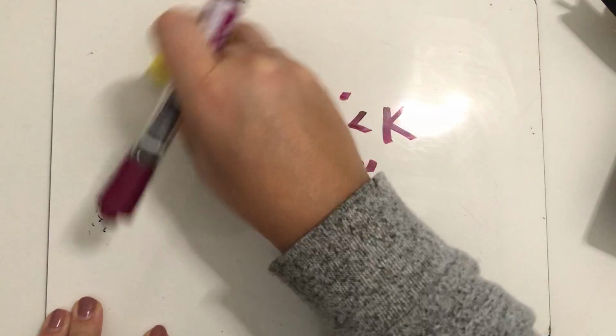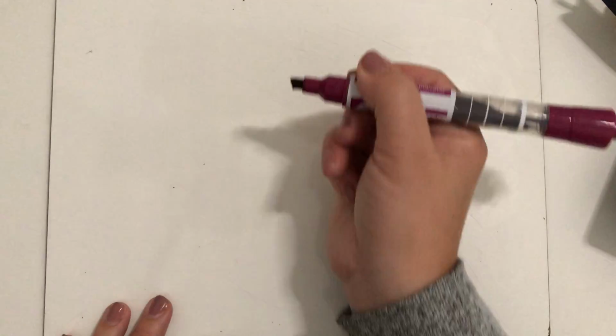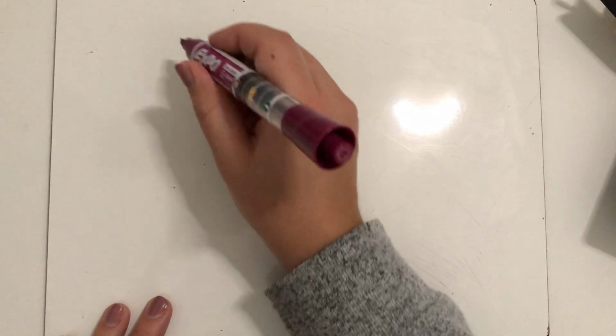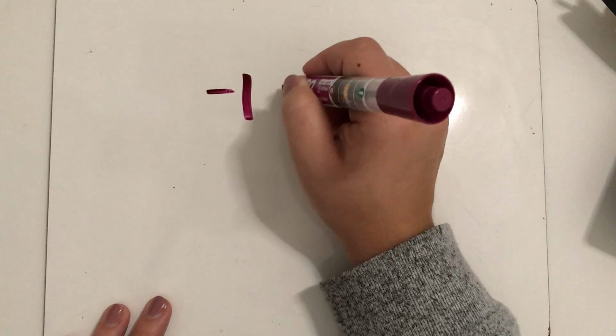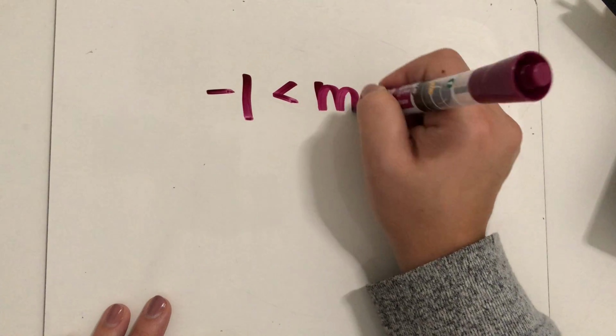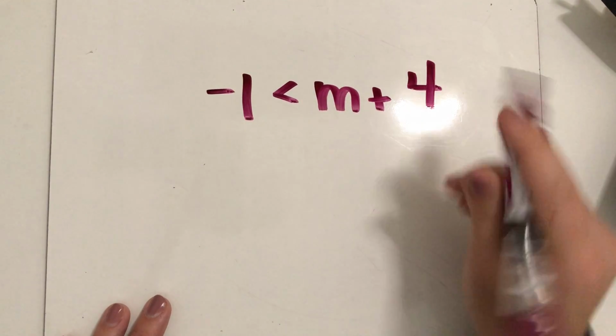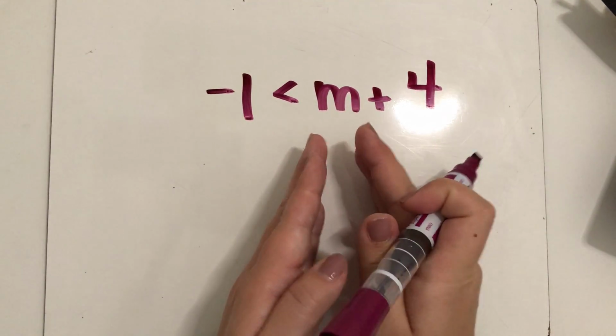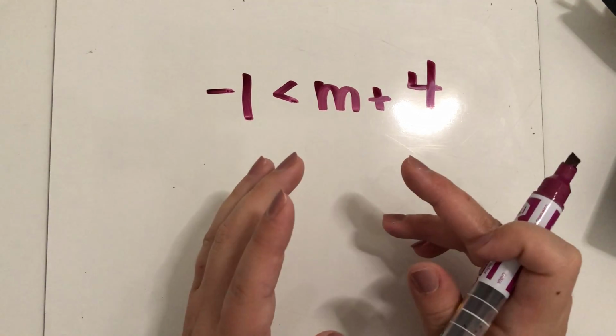2.2 takes us to adding and subtracting inequalities. So that means that we're following our order of operations and our inverse operations to solve, okay? So let's start off with -1 less than m plus 4. Remember that our overall goal is to get that variable all by itself.